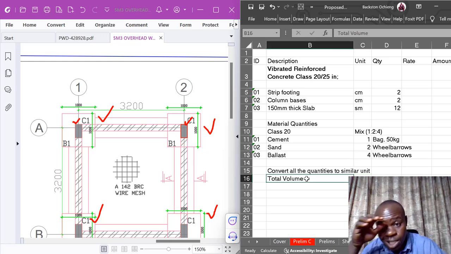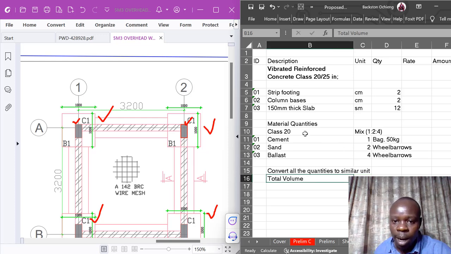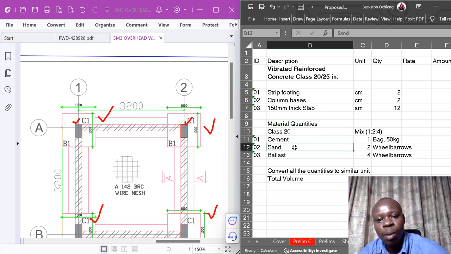Next, from a class 20 of concrete, you need to know how many bags of cement you are supposed to go with for this specific class. It's as a result of expertise, research, dealing with such issues on site, and the experience built with time.